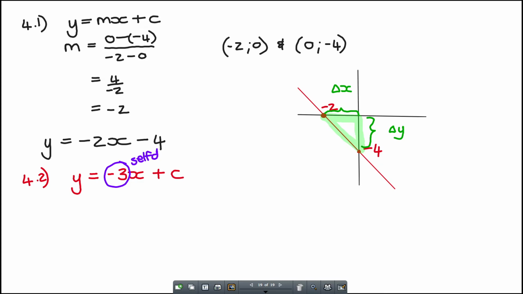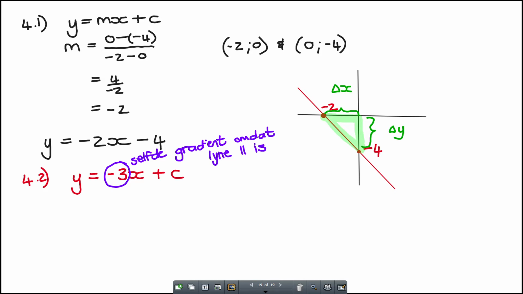Selfde gradient, same gradient, omdat die lyne parallel is aan mekaar.